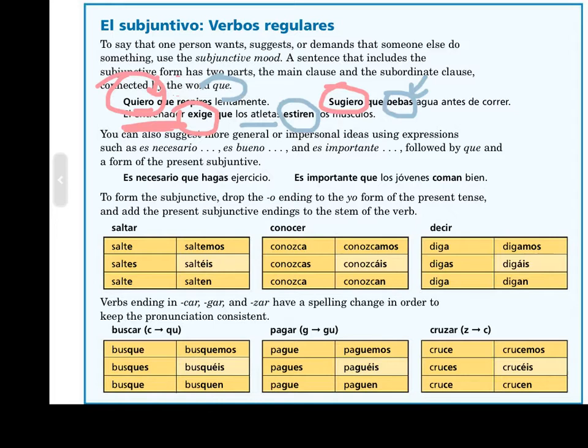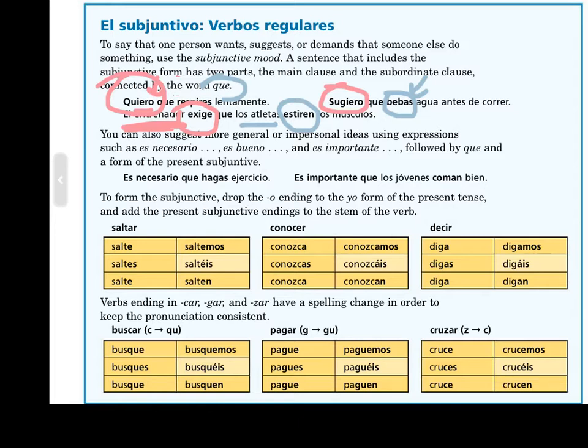So subject 1 is yo, verb 1 is sugiero, que is our glue, tú is our subject 2, and bebas is our verb 2. And of course that comes from the word beber. So it's an ER verb, but it takes an AS ending because we put it in subjunctive form.